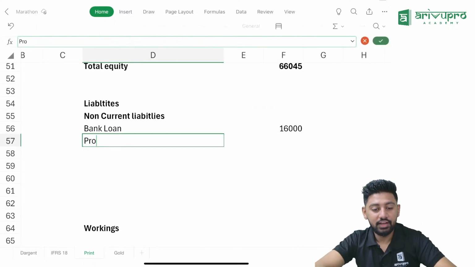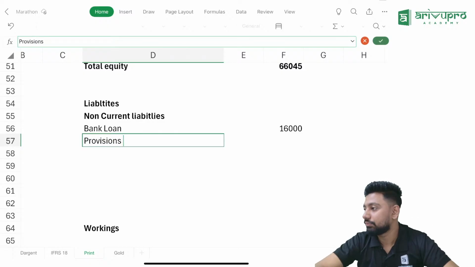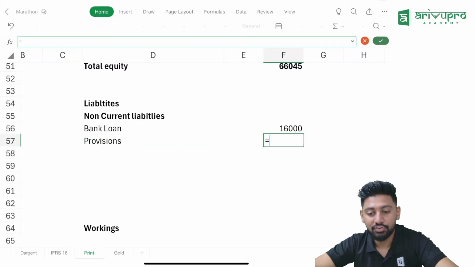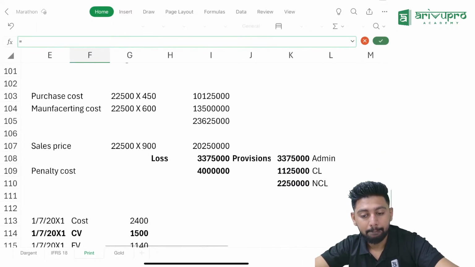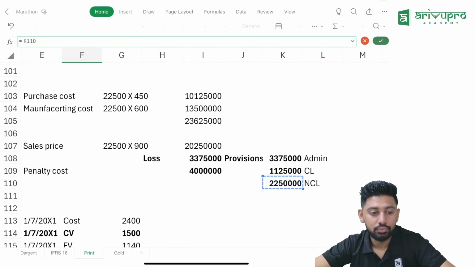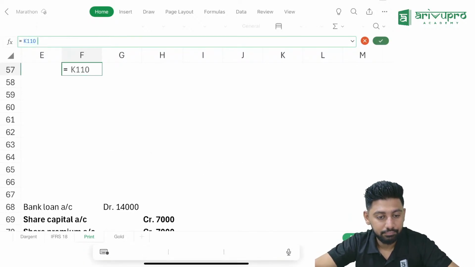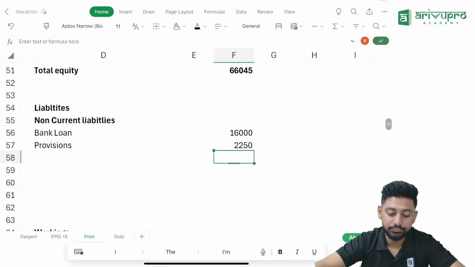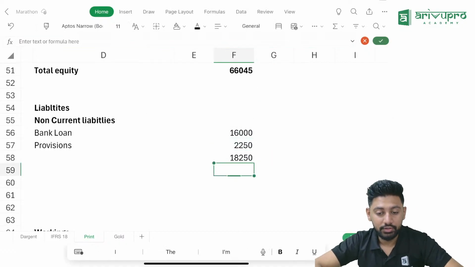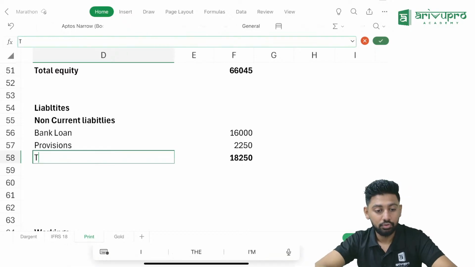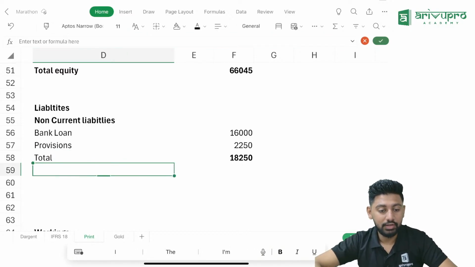And then I can't forget, I have provisions for onerous contract. My provision for non-current liability, I'm taking 2,250 because I'm working in thousands here. Are we clear? Therefore, my total non-current liability would be 18,250. Correct?